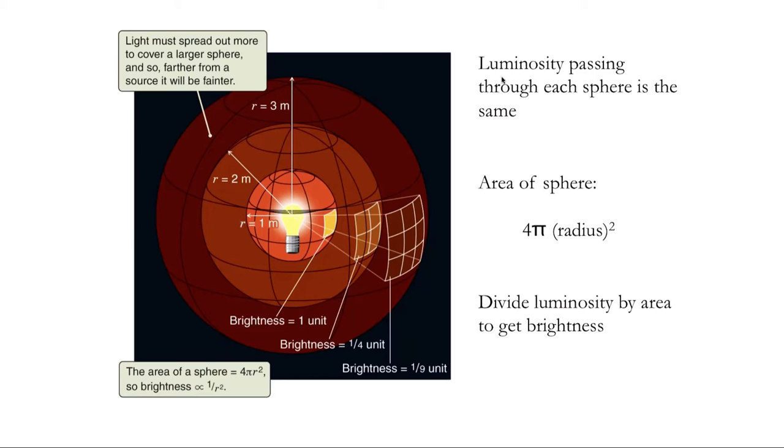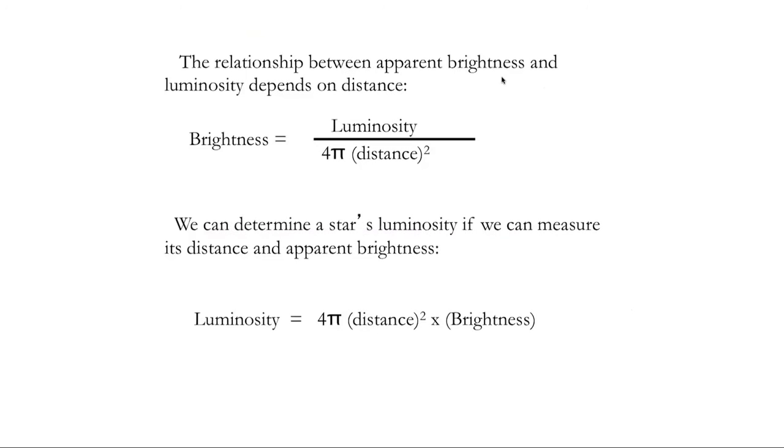You divide luminosity by area to get brightness, and that gives you the brightness formula. The brightness of an object is its luminosity divided by 4 pi times the distance to that object squared. Again, luminosity is how much energy per second the star is radiating away into space. 4 pi d squared, or 4 pi r squared, is the surface area of a sphere whose radius is the distance from that object.